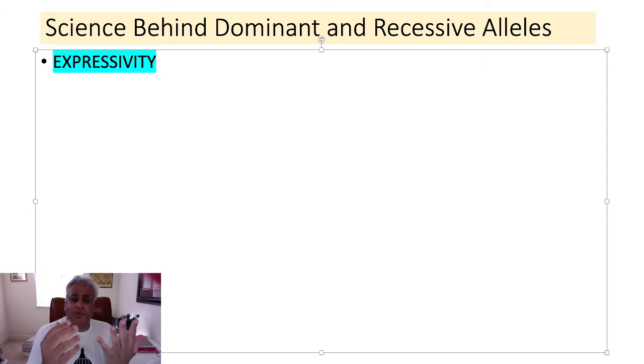You can have another person that has 2 extra fingers on each hand and each foot. Therefore, the expressivity of the same allele will be very high. So the analogy to go back to the delivery track is that in different circumstances, in different people, the other genes and the environment may allow the allele to have a major influence all the way down to no influence on the phenotype of that individual.